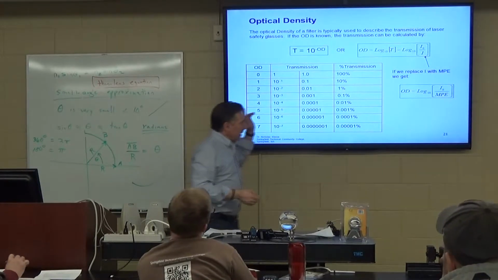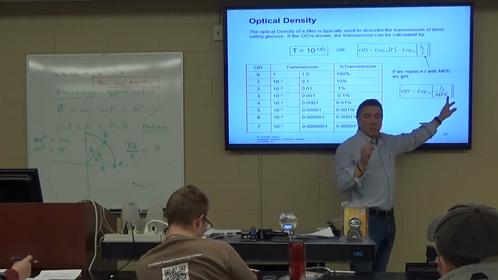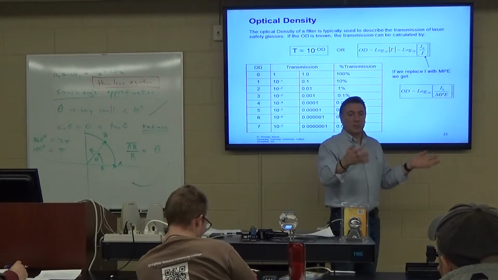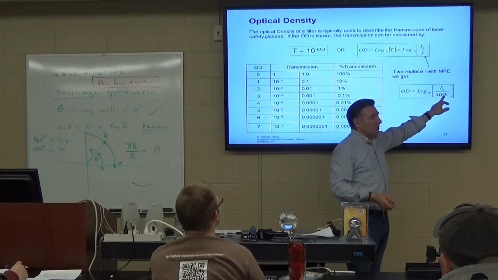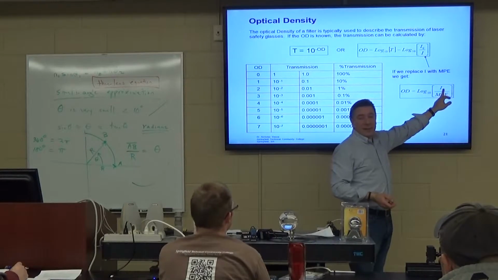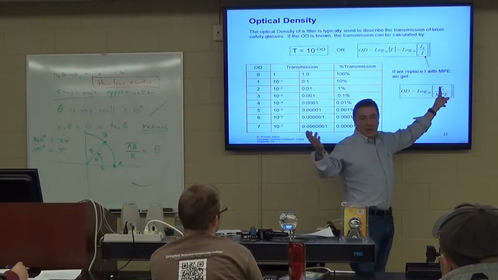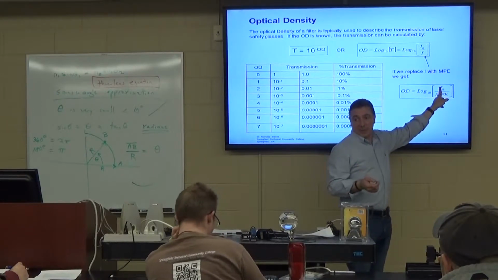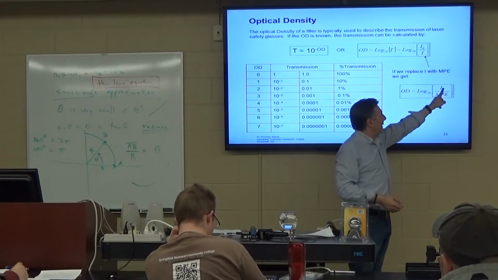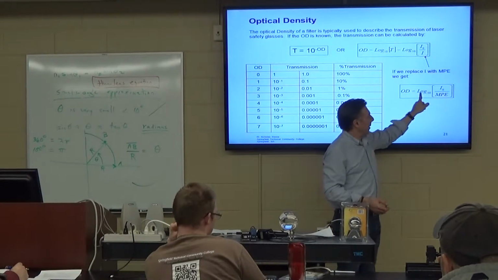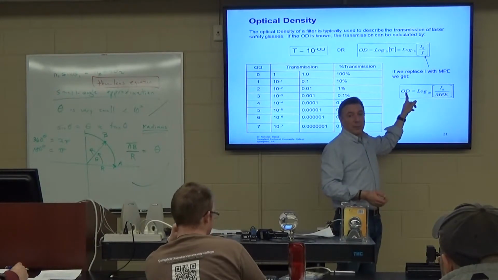So to calculate it, we know what the maximum permissible exposure is for whatever laser we want. You just look at the table, right? If we know the maximum permissible exposure, and we calculate the irradiance, which I express here as I0, and you guys have calculated irradiance a bunch of times already, in watts divided by centimeters squared, then if you take one divided by the other, and take the log base 10 of that number, that gives you the OD number.